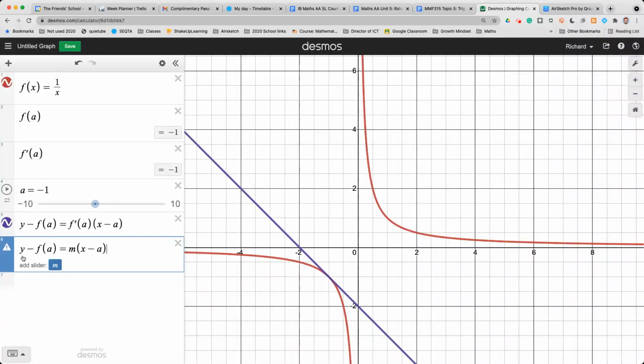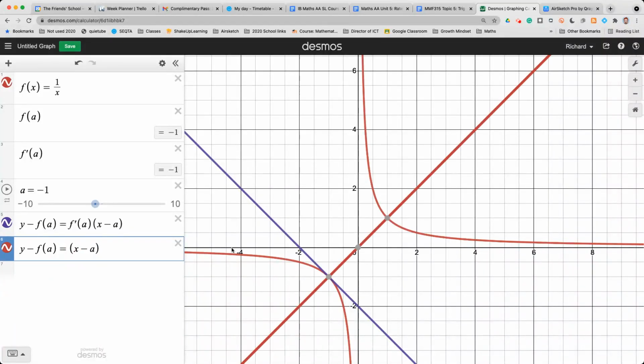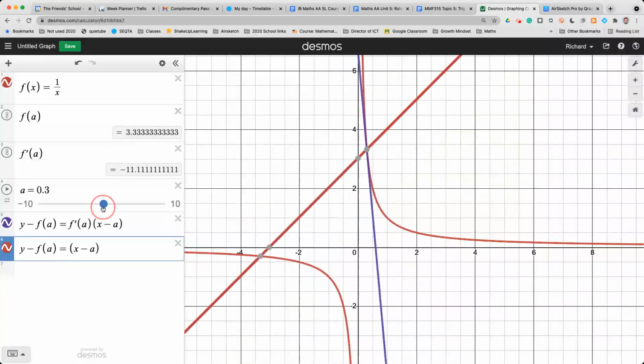So that would be for any old gradient. Okay, you can see it's passing through there. But what makes a normal is that it is at right angles to the tangent.